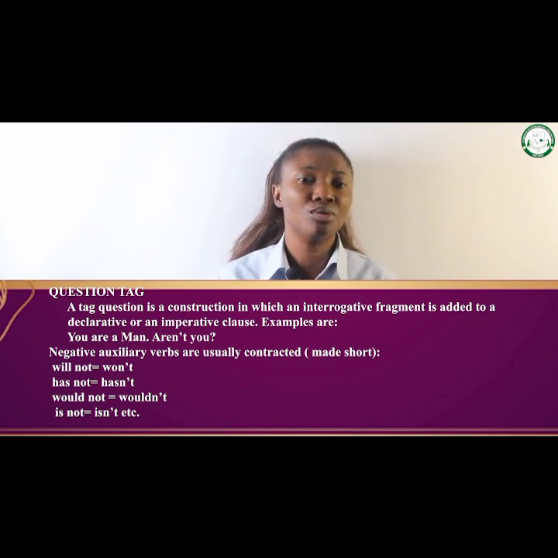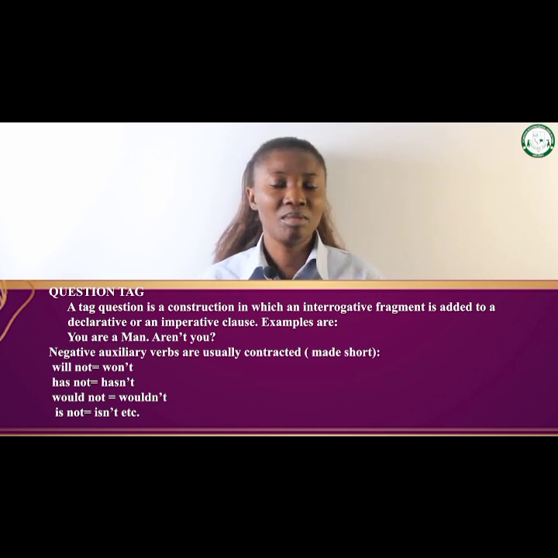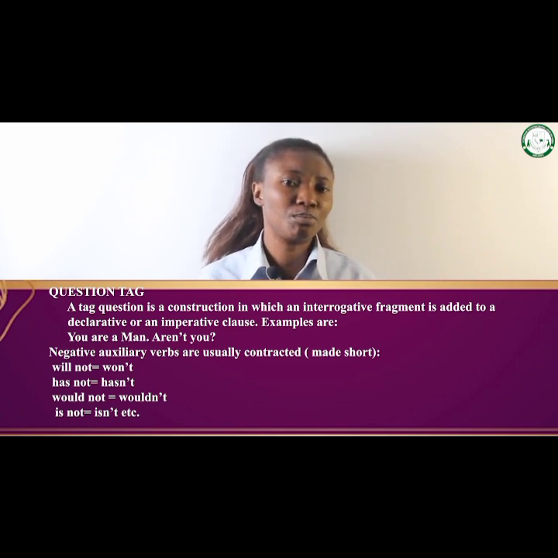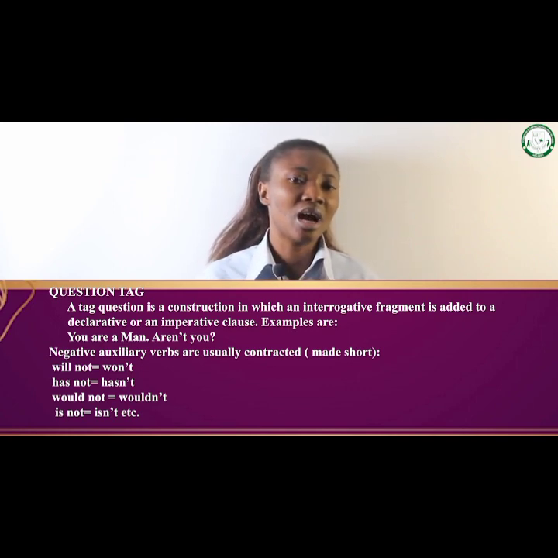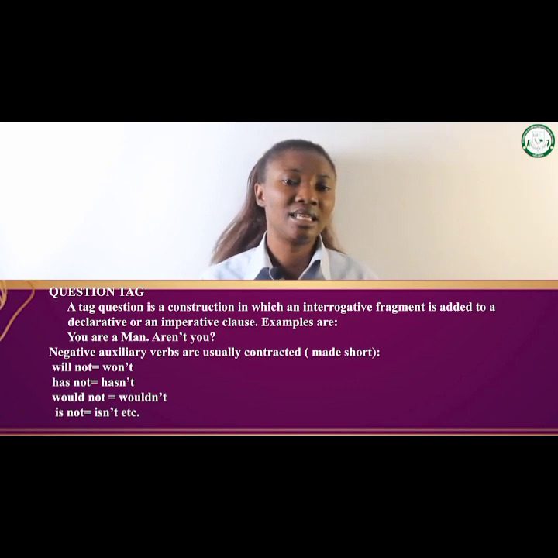For example, Mr. Ade is here. That is positive. Why do I know that it's positive? It's because not is added to a negative statement. So there is no not in this statement. Mr. Ade is here. That is the statement which is in positive form.